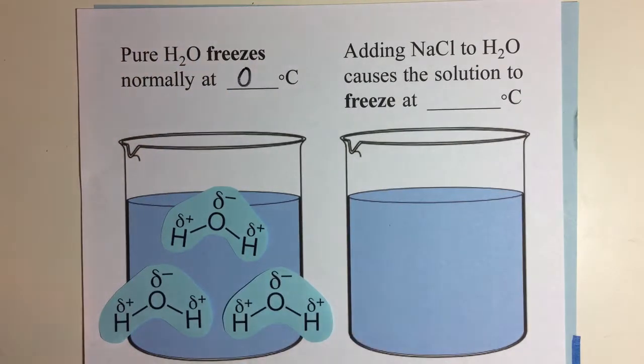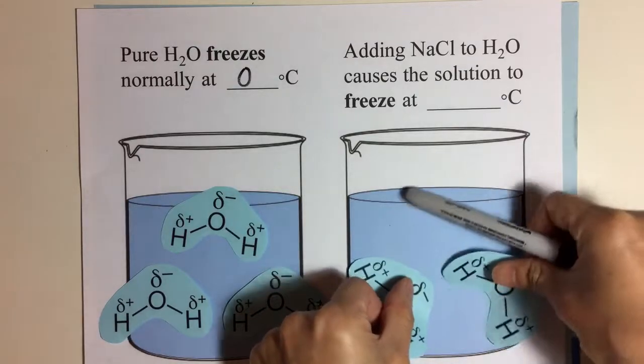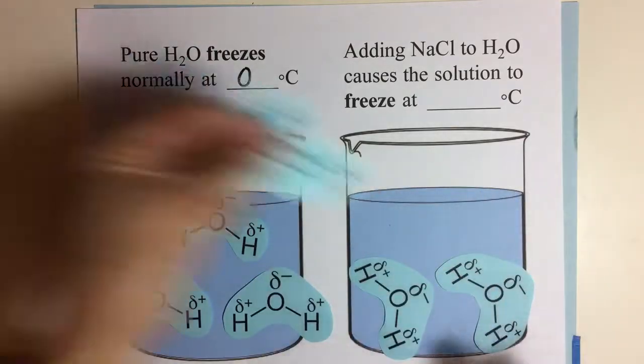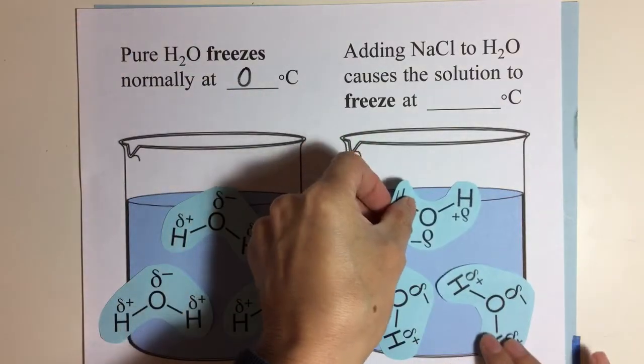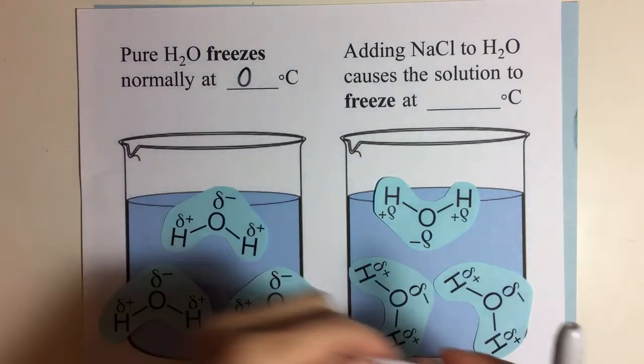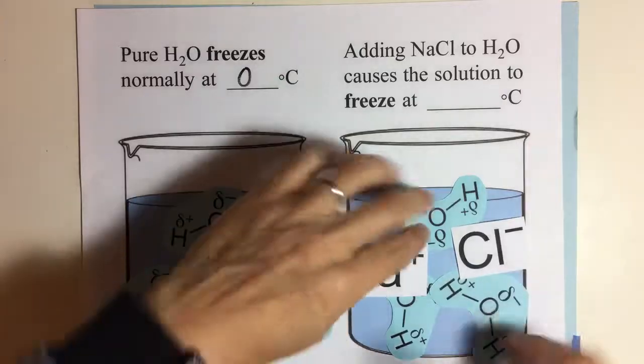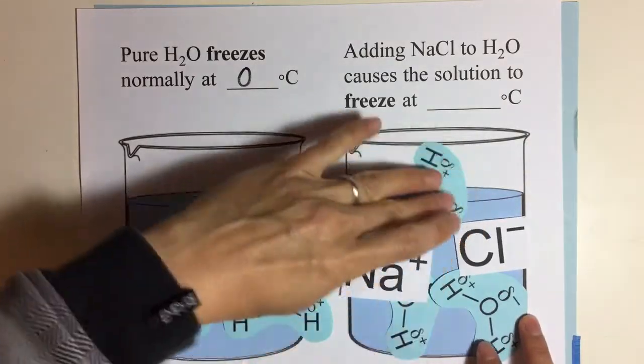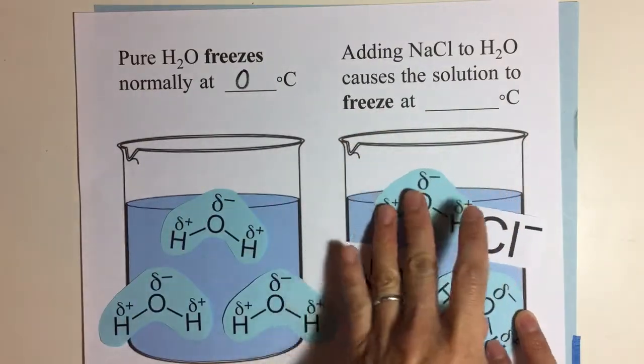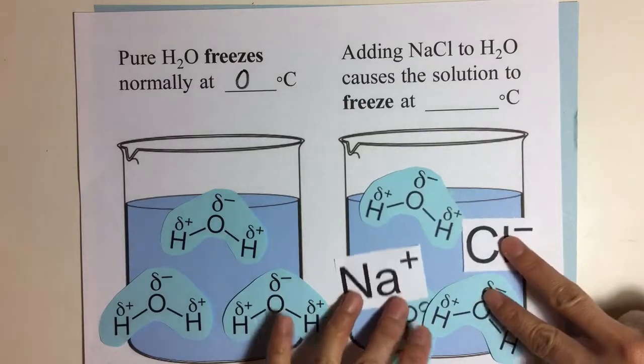Adding a solute to the water, so if you have the water here, so I'm just putting 3 molecules of the water, and then you add a solute to that, this will cause this to have a difficult time organizing and trying to orient these particles.